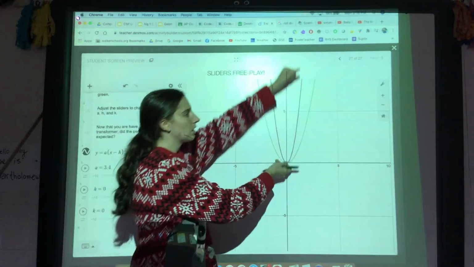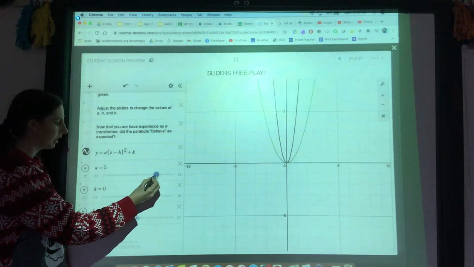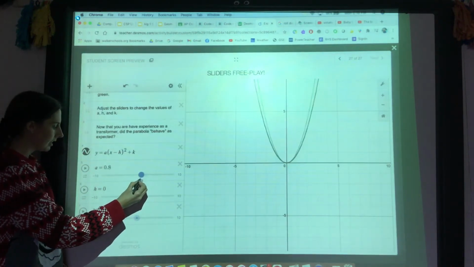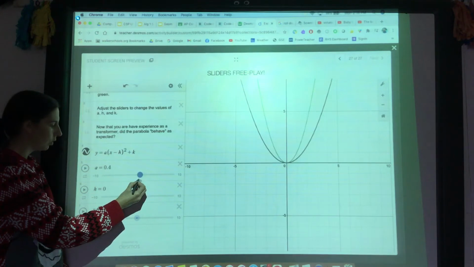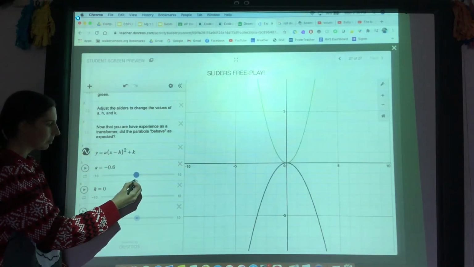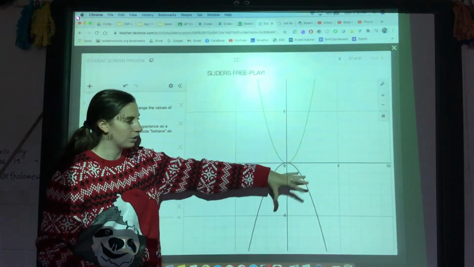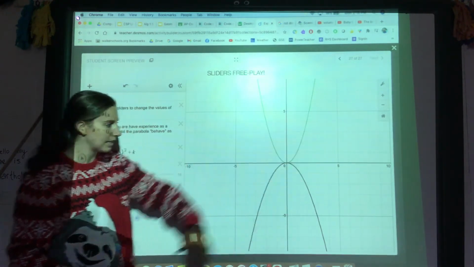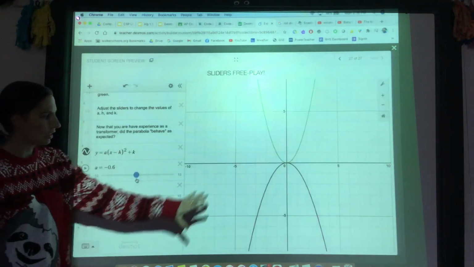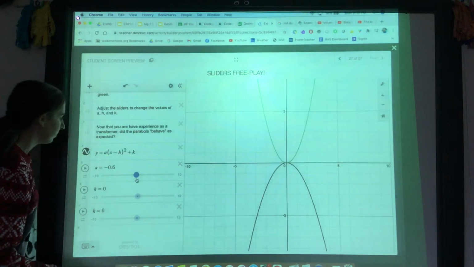It's pulling it taller, and so it looks like it's getting narrow, but that's stretching when A gets bigger. When A gets less than 1, it starts shrinking vertically. And then you'll notice when A is negative, it flips upside down. When the leading coefficient becomes negative, it flips upside down. Which makes sense. It should now be in these negative values rather than the positive values.